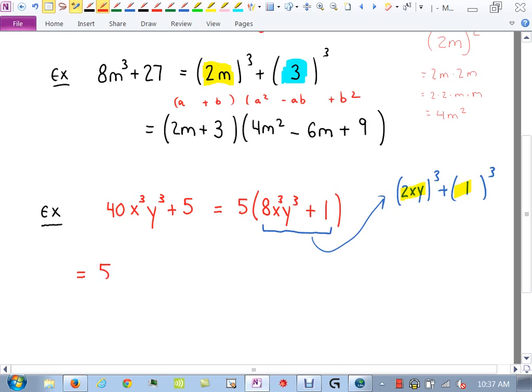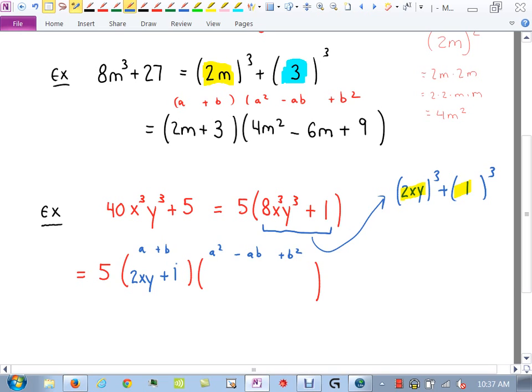So 5, I'm going to have a binomial followed by a trinomial. It'll be A plus B, A squared minus AB plus B squared. What's A plus B? 2xy plus 1.